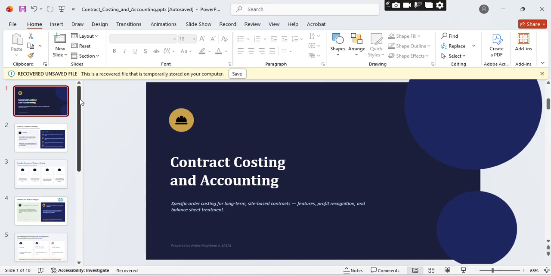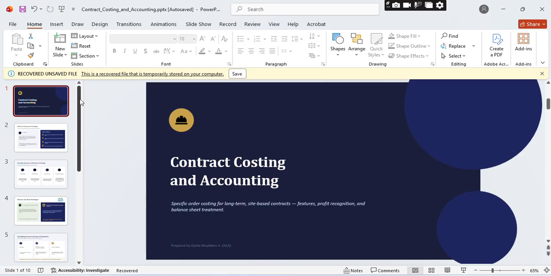But what we need to understand in contract costing is that it is a specific order costing, just like job costing. But contract costing, unlike job costing, is for a long term. It is carried out for more than 1 year, and it is also site-based.